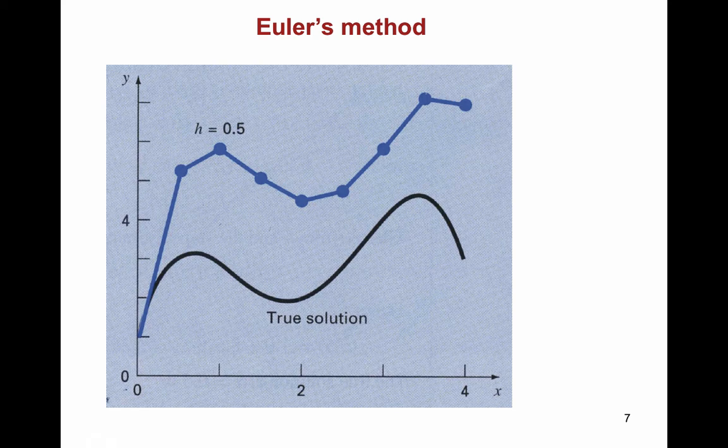Okay? So basically, I'm going to start from this point, and based on the slope at this point of the true solution that is given with the differential equation, it is going to send me right there as my next y1. Then knowing y1, I'm going to estimate a slope here using this true solution, because I have a differential equation for it.